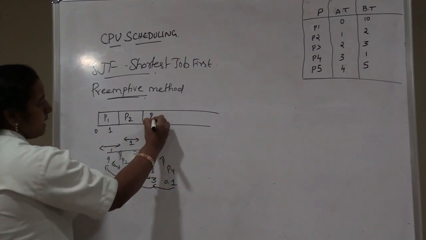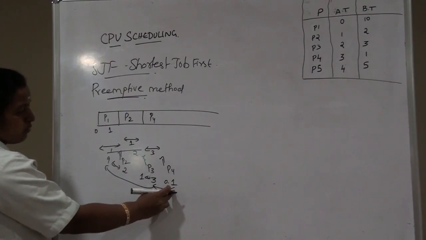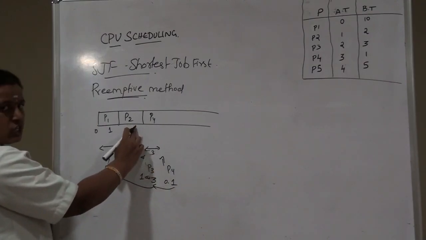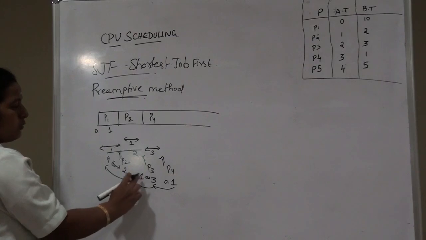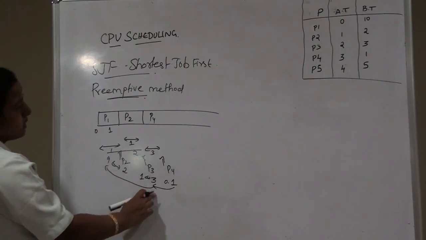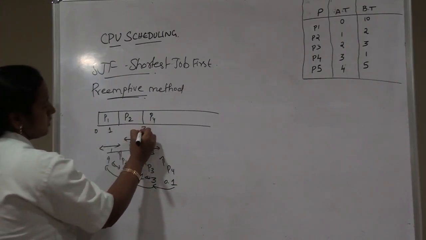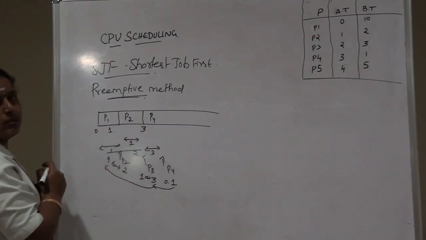So P4 comes into execution, since P2 has finished, compared with the burst times of P1 and P3. So for P2, 1 plus 2 is 3; its completion time is 3.